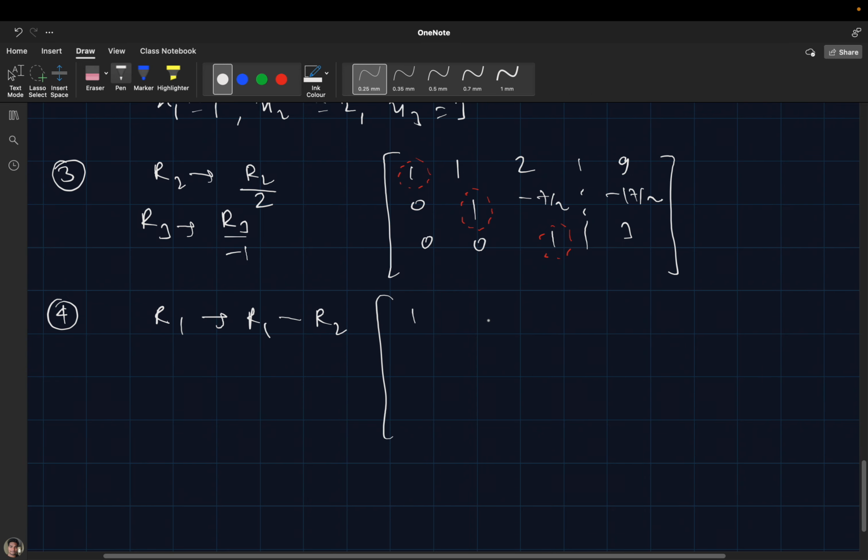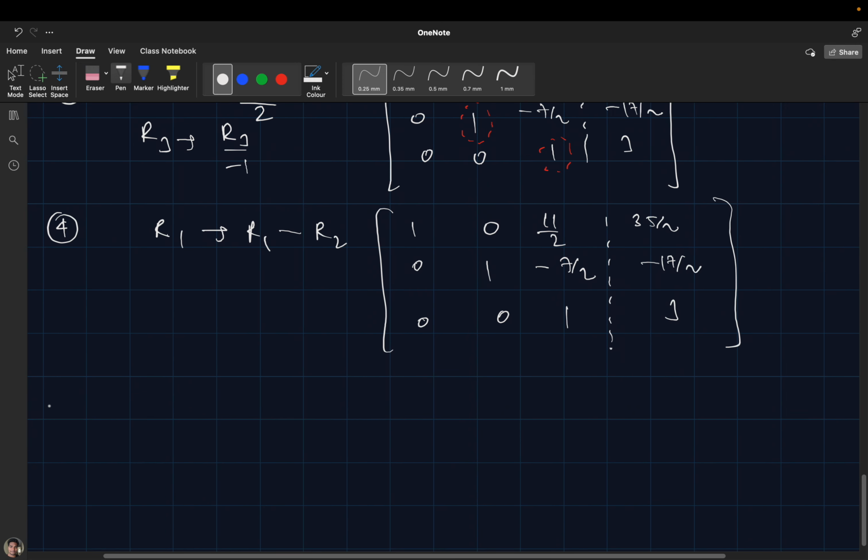That will be 1 0, 11 by 2 augmented by 35 by 2, 0 1 minus 7 by 2 minus 17 by 2. It will look boring, but you have to understand what I'm trying to do here.